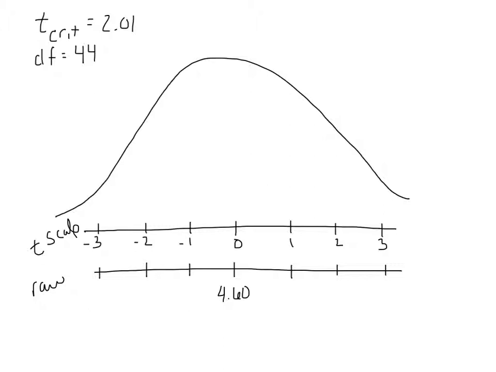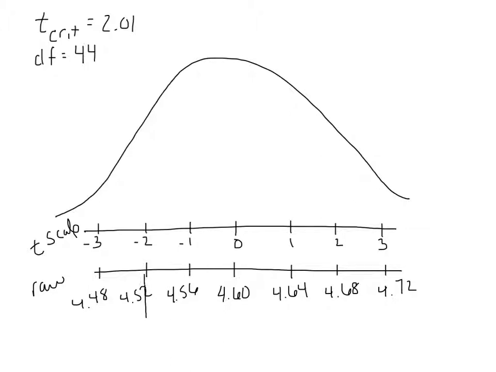So we're going to add: 4.64, 4.68, 4.72. Now we're going to subtract: 4.56, 4.52, 4.48.